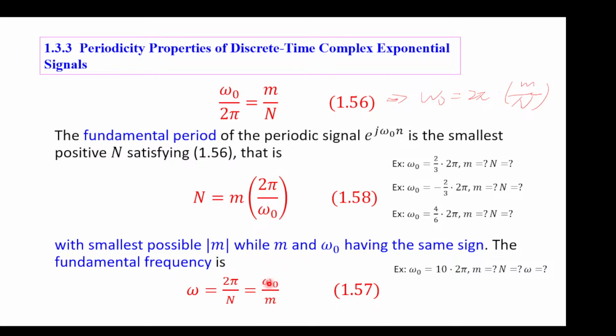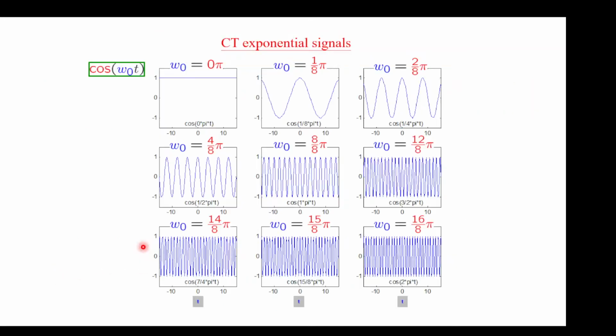Let's see some examples of how finite sampling gives us a different result. Those are continuous time first.